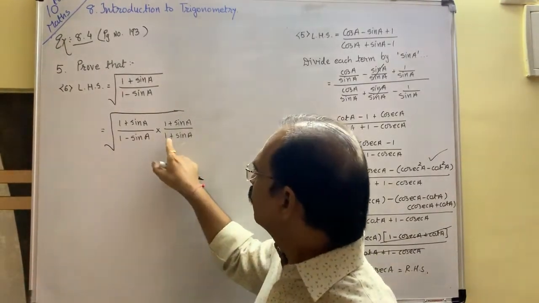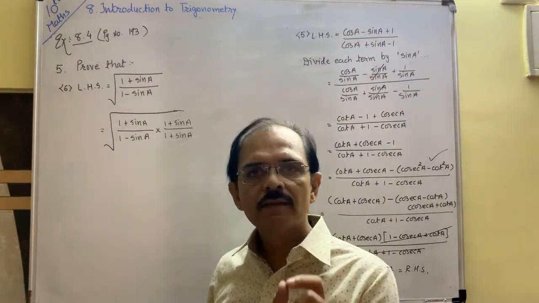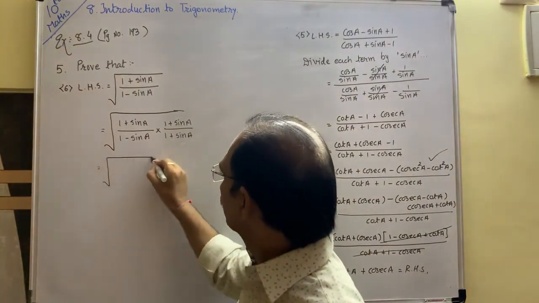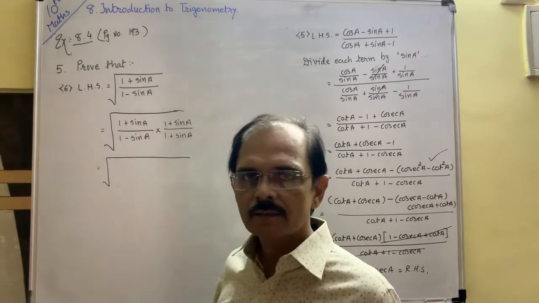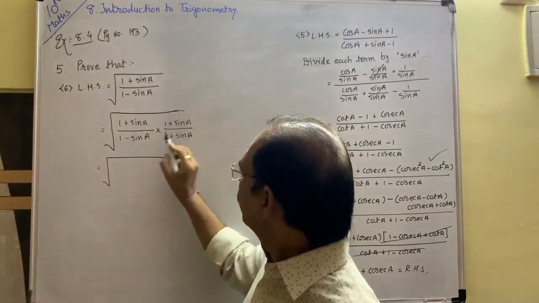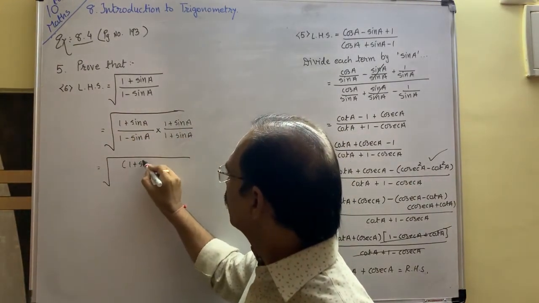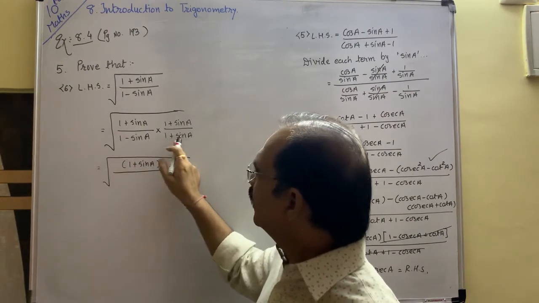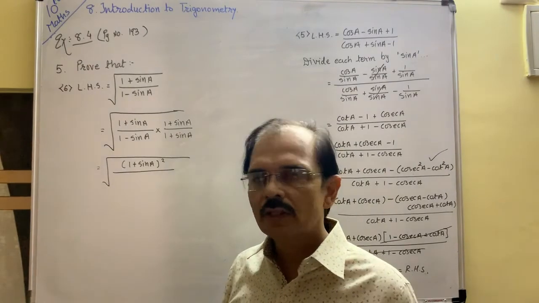A minus b into a plus b, so that it will be a square minus b square. See, square root as it is. Now in the numerator, a plus b into a plus b, that is a plus b the whole square. A minus b into a plus b, that is a square minus b square.